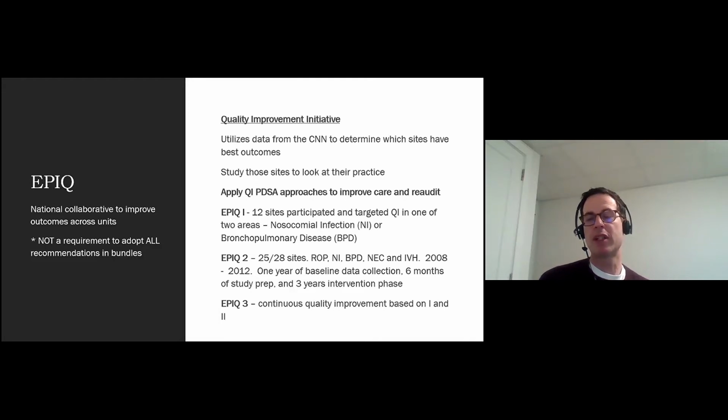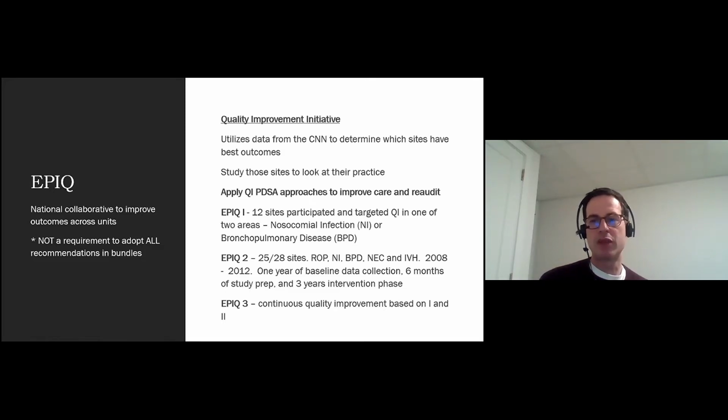It was very much like a PDSA cycle of planning the observation, doing the observation, studying and finding out what the differences were, and then applying them with 3 years of intervention. And we'll go through what happened with that in a moment. EPIQ 3 has involved basically continuous quality improvement, constantly updating the literature, looking at best practice, applying those best practices, and seeing what your outcomes are.